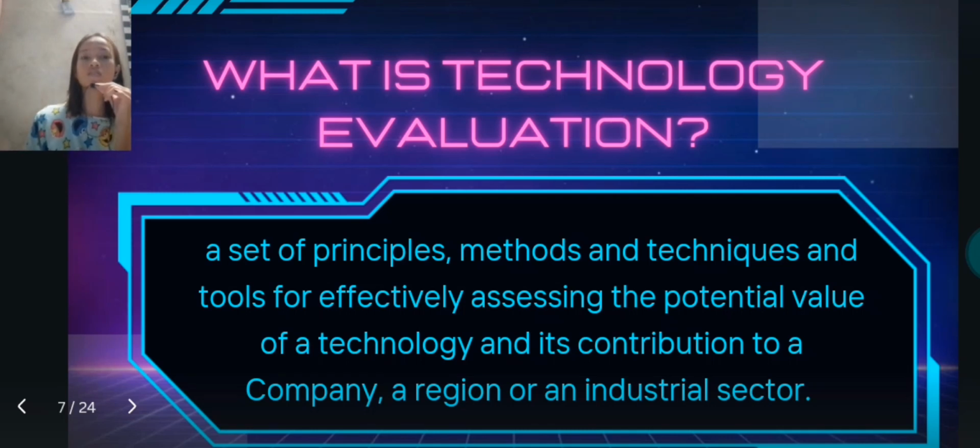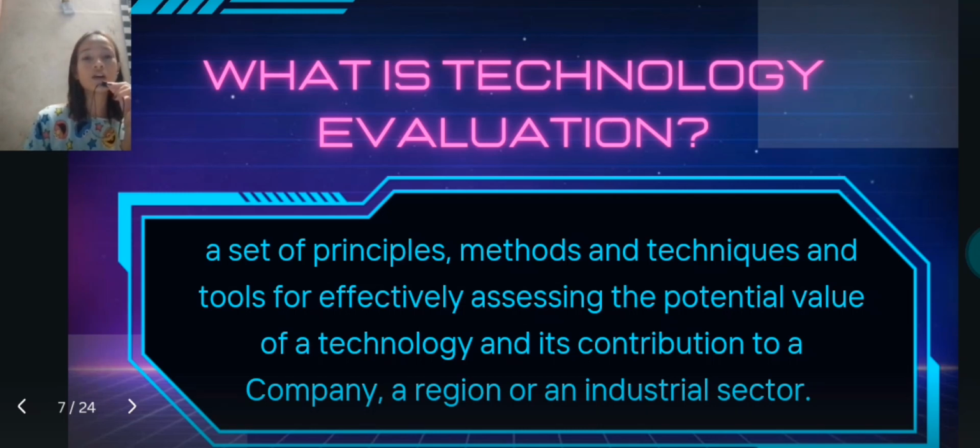We evaluate technology in order to know its importance and how it helps our daily lives. Technology evaluation, guys, is about assessing the potential value of new technology and how it might affect society. It helps organizations examine new ideas, find solutions to problems, and decide which technology to use.